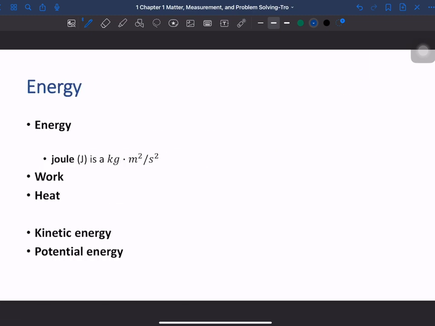All right, let's talk about energy. Energy is the ability to do work or produce heat.